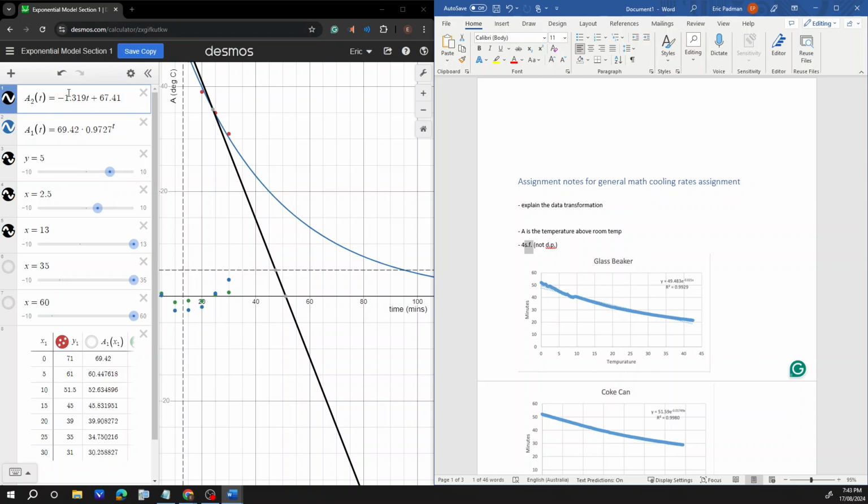You notice I've shown you the exponential model here. This is close to 70, it's 69.42, whereas this is 0.9727. They are both examples of 4 significant figures, but they have different decimal places.